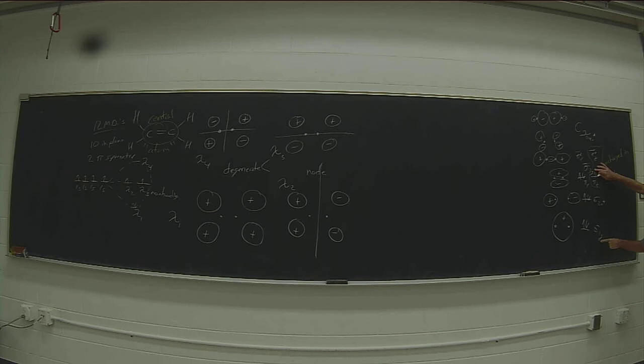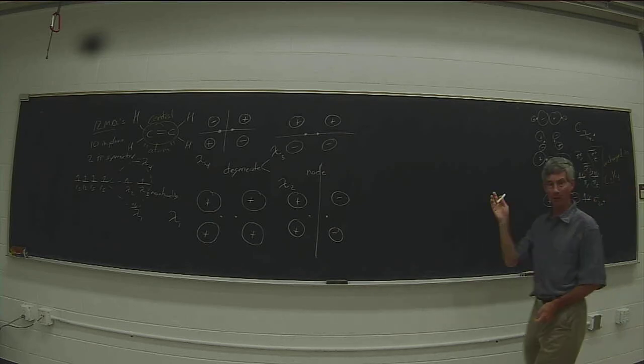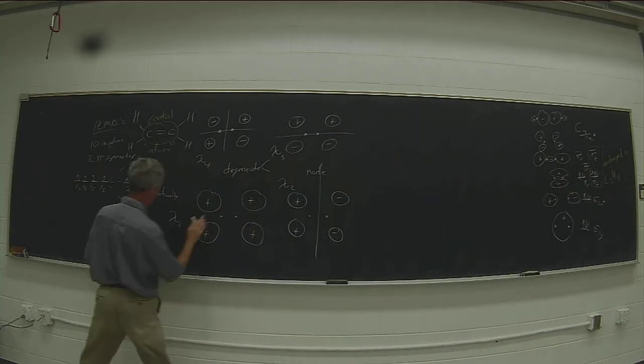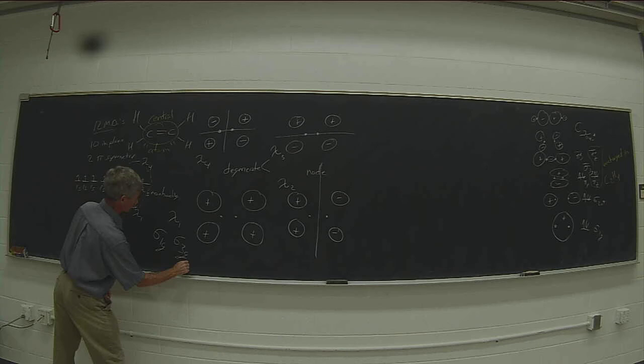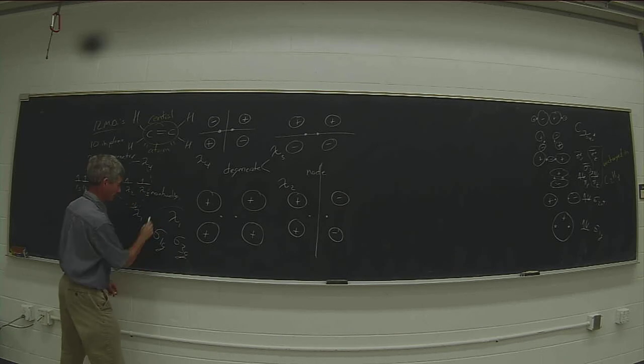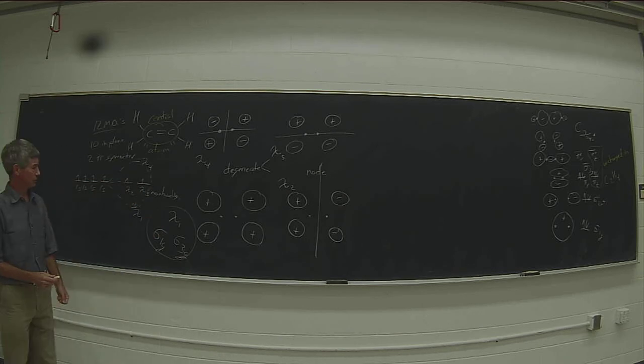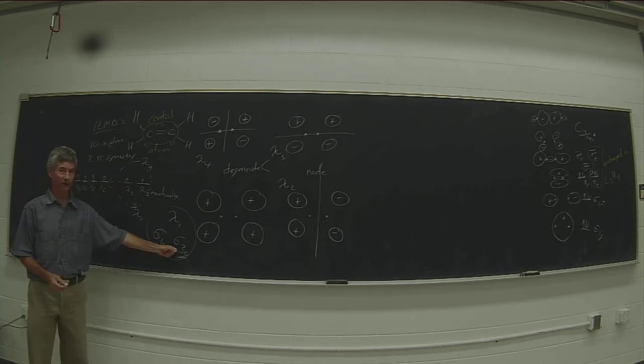The subscript on sigma 1g and sigma 3g tells you that they're gerade with respect to reflection through the vertical plane, and all of the sigma orbitals, all 4, are gerade with respect to reflection through the horizontal plane. But only sigma 1 and sigma 3 are gerade with respect to reflection through both those planes. So lambda 1 is going to be able to interact with both sigma 1g and sigma 3g.